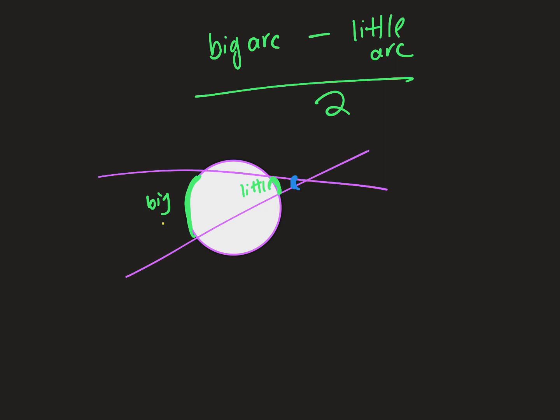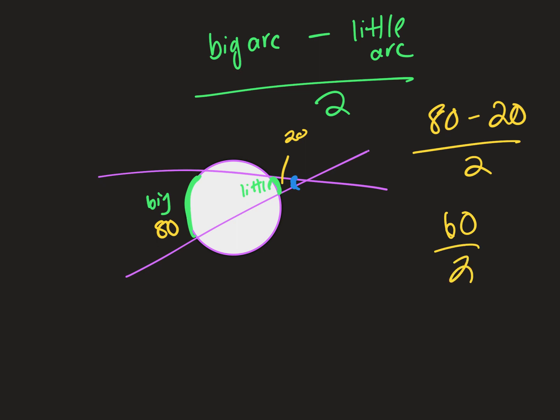So let's say this is 80 and this little one is 20. So you would do 80 minus 20 divided by 2. So that would make that angle measure 30 degrees. Right, so if the lines intersect outside, you subtract, inside you add.